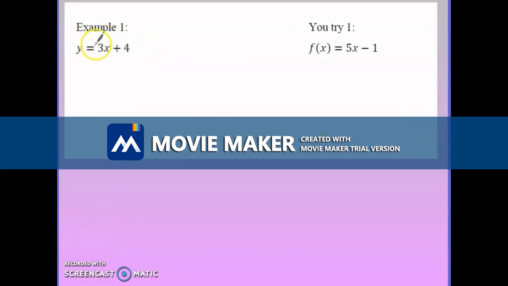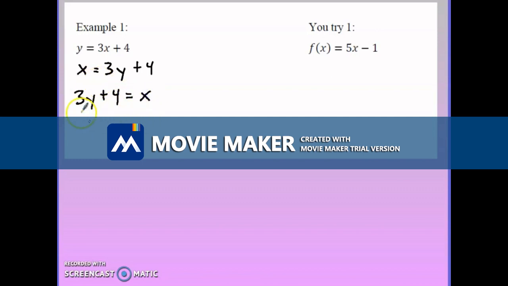So here we have y equals 3x plus 4. First thing, you are going to switch this to x equals 3y plus 4. And since I'm solving for y, I'm going to flip this entire equation: 3y plus 4 equals x.